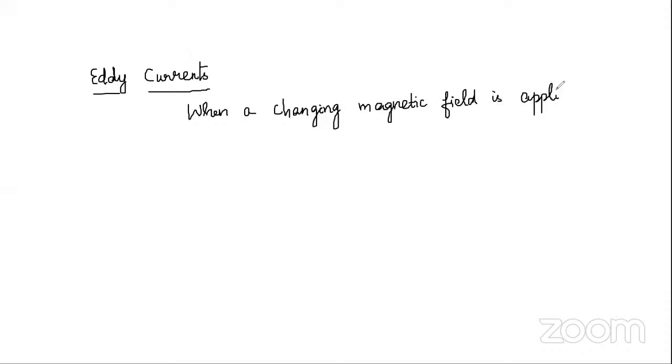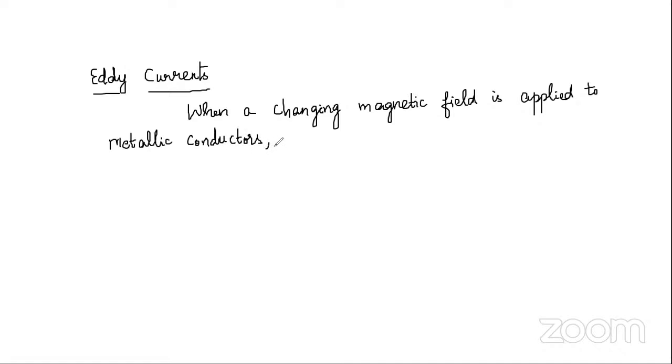So eddy current means when a changing magnetic field is linked to a metallic conductor or a bulk piece of conducting material. When a changing magnetic field is applied to metallic conductors, you can see the formation of eddy currents inside the conductor.